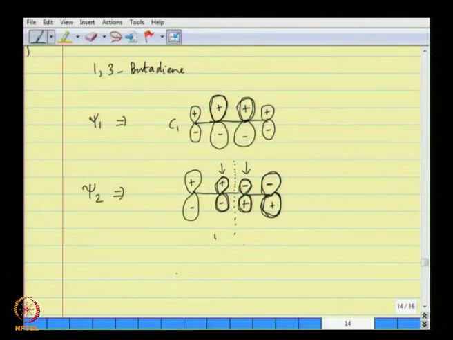Therefore the wave function goes through a node, and the plane that separates carbon 1, carbon 2 from carbon 3 and carbon 4 is called a nodal plane.